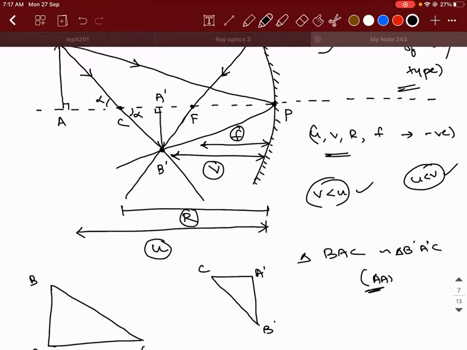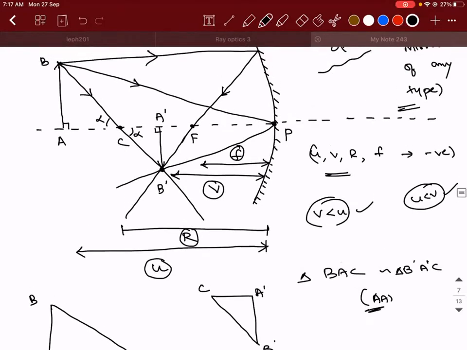If that is the case, I will be taking only those distances which are meaningful to me. The distances which are meaningful to us are AB, because it is going to give you the height of the object, and A dash, B dash is going to give you the height of the image. Similarly, AC is such a distance which will give me the relation between all the distances lying on the principal axis. Correct?